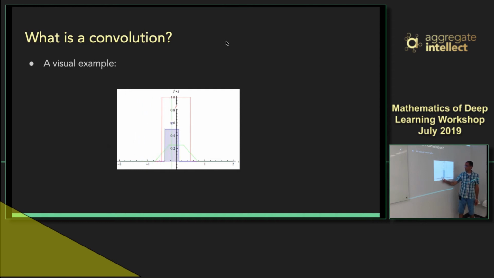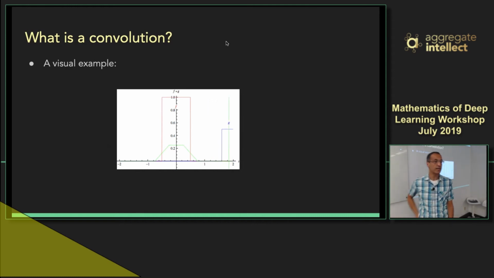As soon as they overlap, the multiplication becomes non-zero because you have 1 here and 0.5 here, and then it starts going up. And when they completely overlap, because of the symmetry, you get a constant, and then when it starts moving out of the boundaries, the overlap becomes small, so this starts falling until they do not overlap anymore. So one of them becomes 0, and you multiply together.